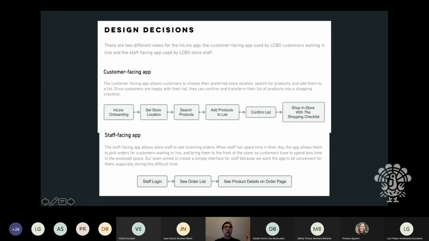We're thinking about a second app for the staff. They log in. They can see the confirmed list that the customers confirm outside the store. And if they confirmed it, they see a list, they can maybe pick the products, put it in a bag, put an ID on it, and when this customer comes in, they just pick it up from that shelf and go pay for it. Right?